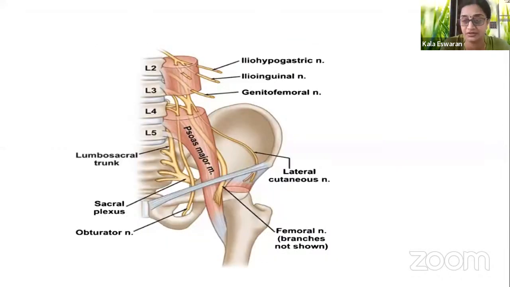Now, where all can you block the femoral nerve? The femoral nerve can be blocked at the inguinal ligament, either suprainguinal or infrainguinal, that is the fascia iliaca compartment block, because you go beneath the fascia iliaca and above the iliacus muscle, wherein all these three nerves lie. It was also called the 3-in-1 block earlier.